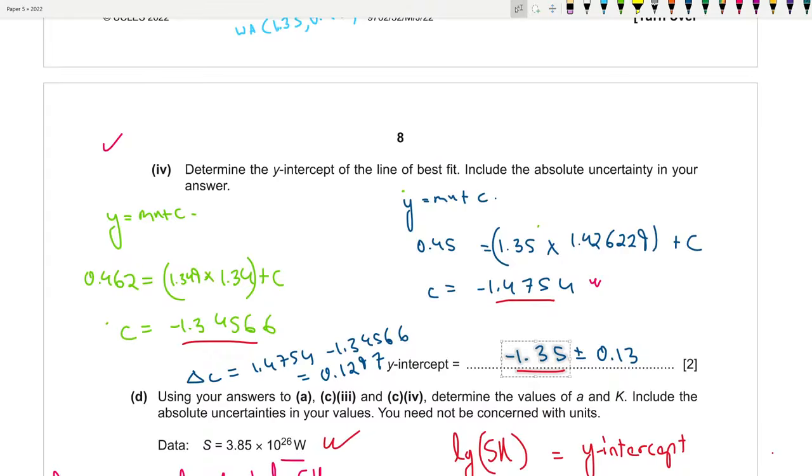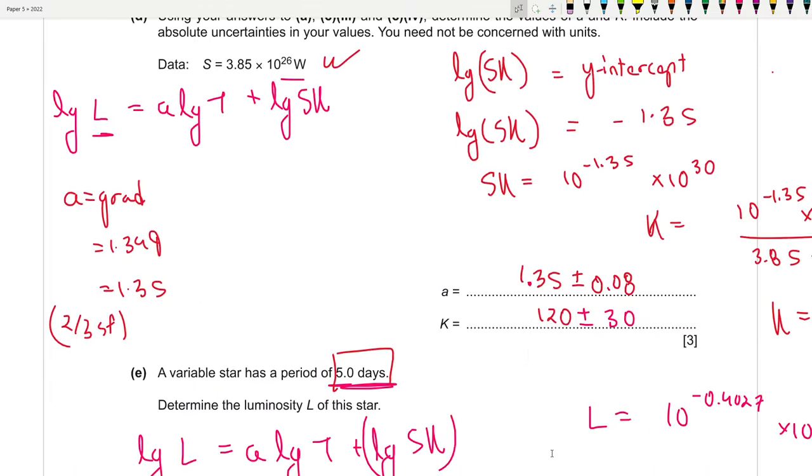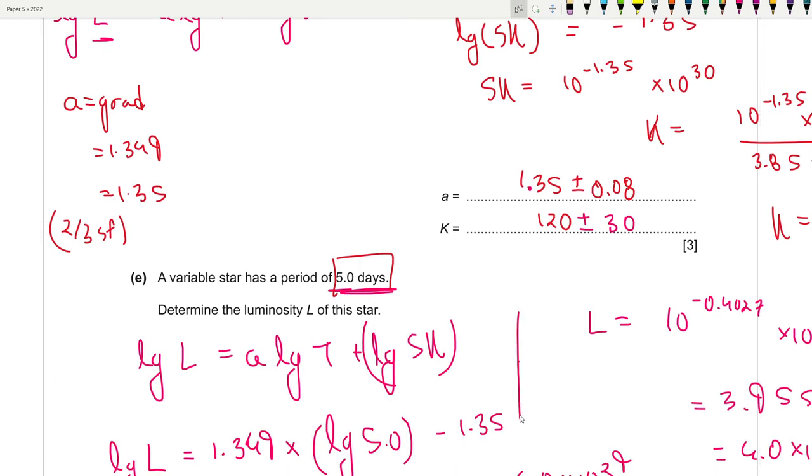So we don't need to consider the 10 to the power 26 or anything, because we have ignored those when we input the log here. So that's just minus 1.35. So if you solve this, you're going to get an answer of log L is equal to minus 0.4027.